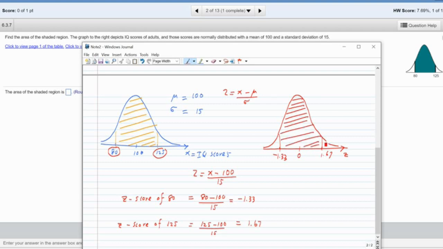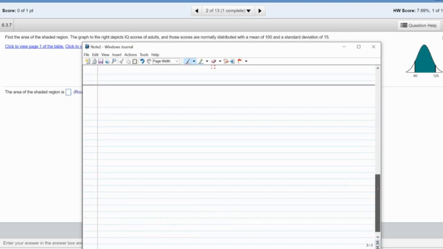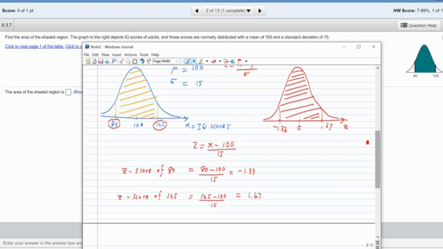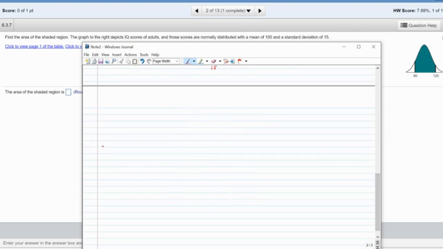So how are we going to find this area? As we talked about a lot in the previous homework, first we have to find the area to the left of 1.67, and subtract the area to the left of negative 1.33. So I'm going to repeat it. Here's your standard normal, here's negative 1.33, here's 1.67, and this is the area that we need to find.